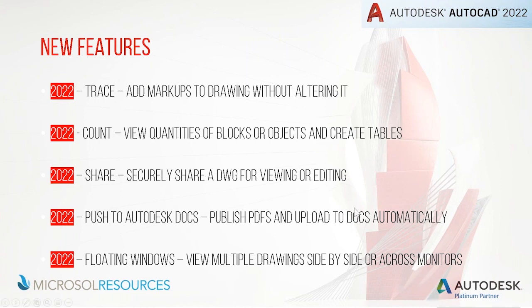So it's a very slick feature, and I think the cloud system is very robust, and seems to be the way that everything is moving, and is crucial. All of the cloud storage solutions are crucial to having access to all of these design files from anywhere you may be. And finally, there is that floating windows feature, where you can have multiple windows side by side and work a little more flexibly between your multiple screens.